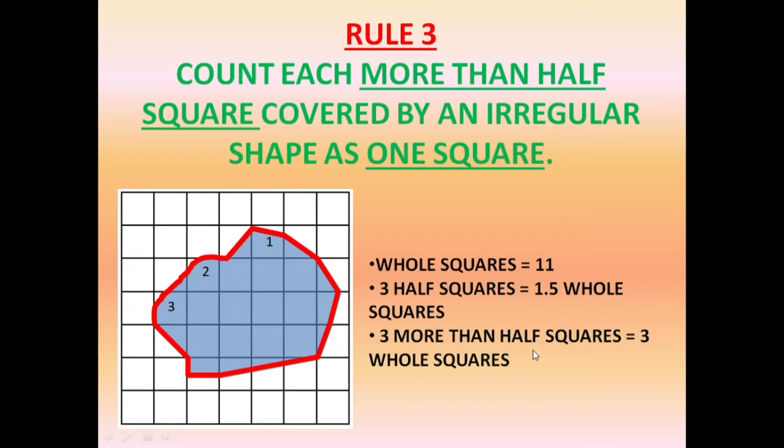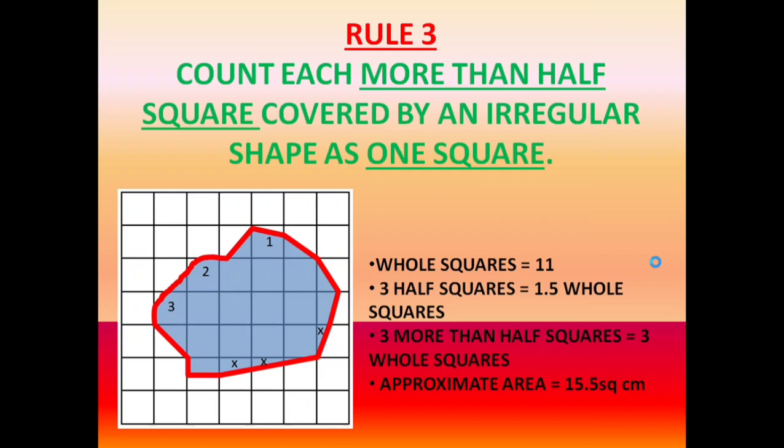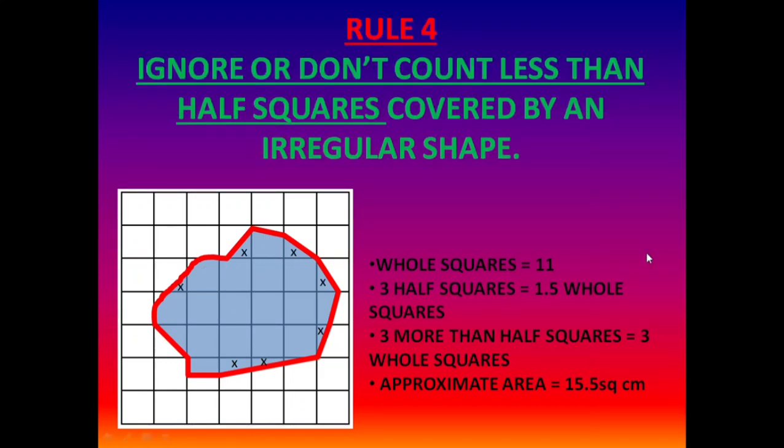Now let's move to the last rule, which is rule 4. Ignore or don't count less than half squares covered by an irregular shape. Just look at the parts which are marked with a cross.